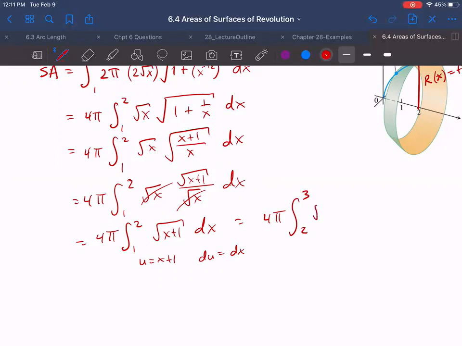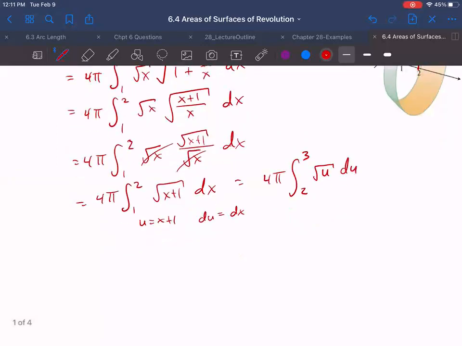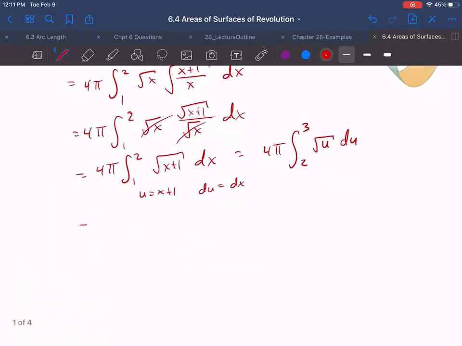And then I get square root of u du. And keep going. That's u to the 1/2 becomes u to the 3/2 over the 3/2, which is times the 2/3, right?